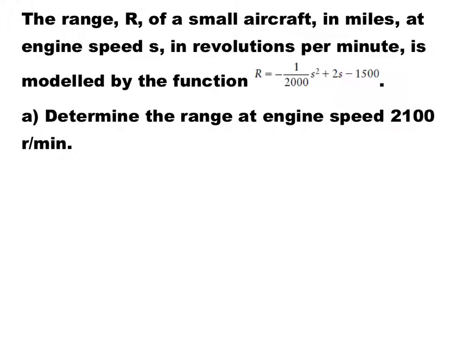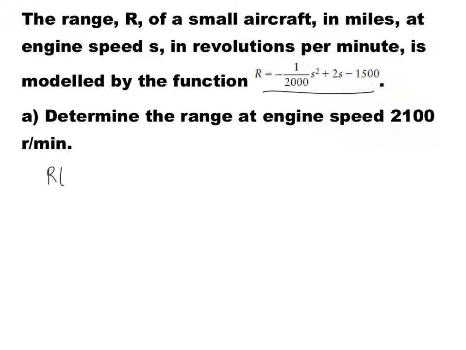The next question says the range r of a small aircraft in miles at engine speed s in revolutions per minute is modeled by the function given here. Determine the range at an engine speed of 2100 revolutions per minute. This means that s is 2100, and we have to find r.